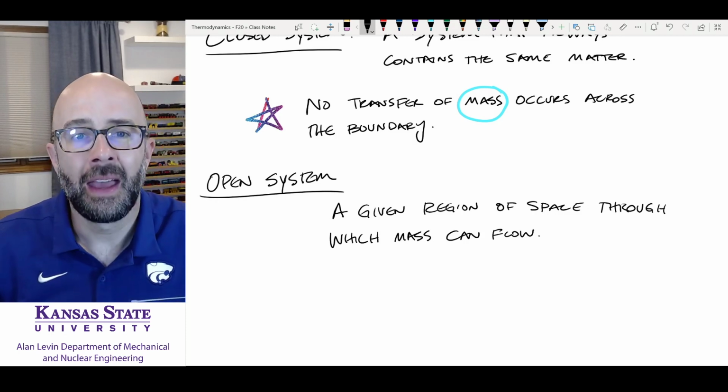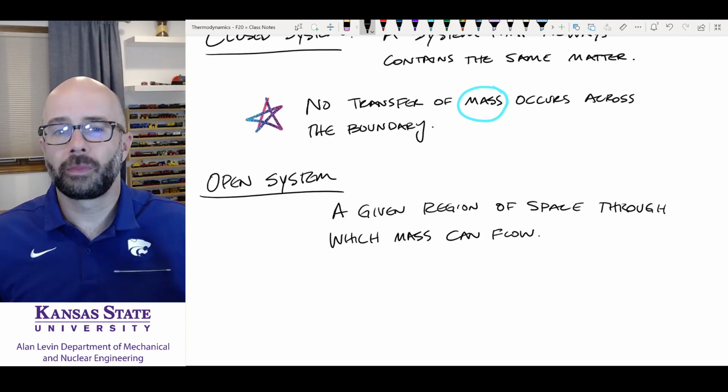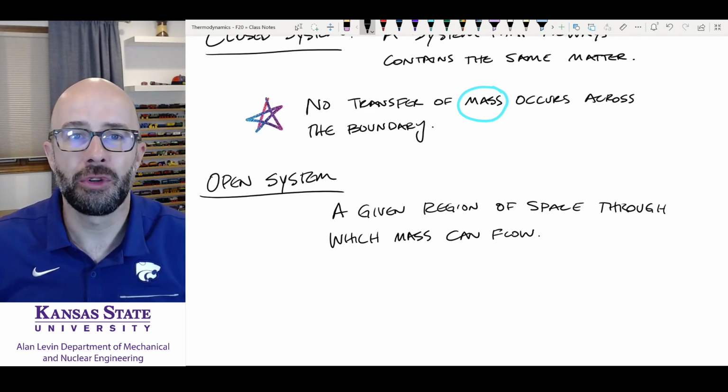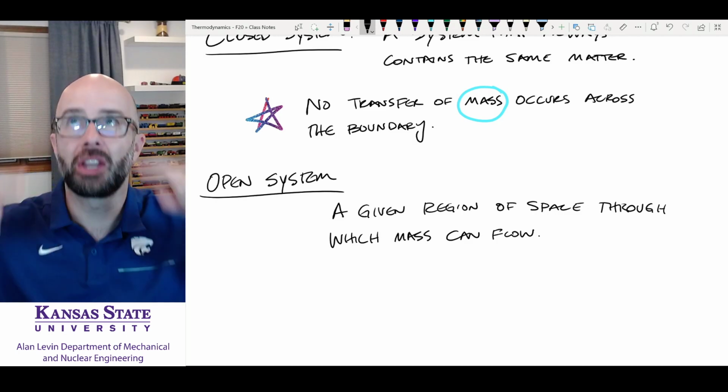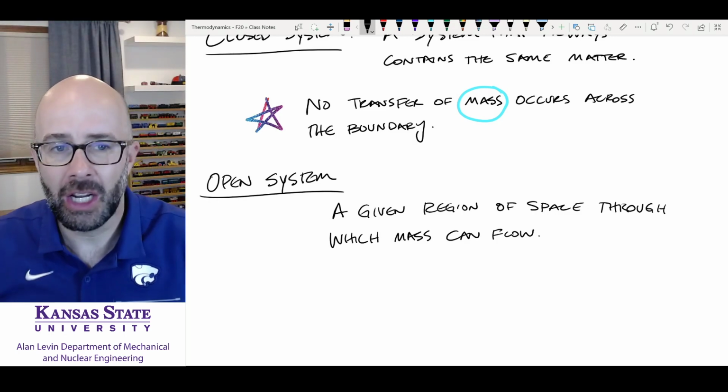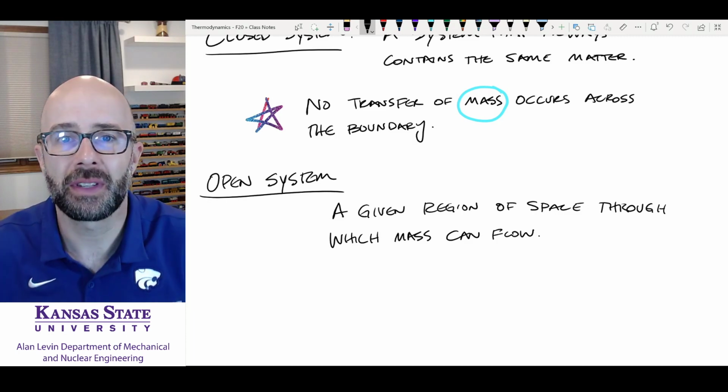A room, when you open the door and there's air moving in and out of the room, or with the air conditioning vent, if you make your boundary the three-dimensional boundaries of your room, and there's air coming in, there's air going out, that's an open system.